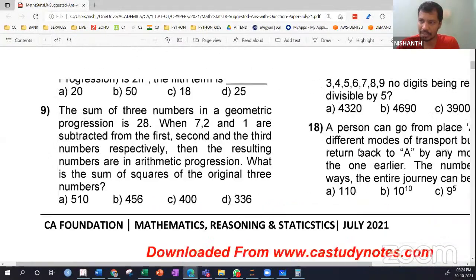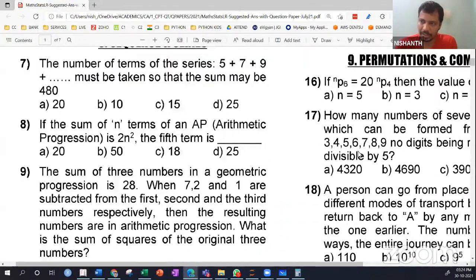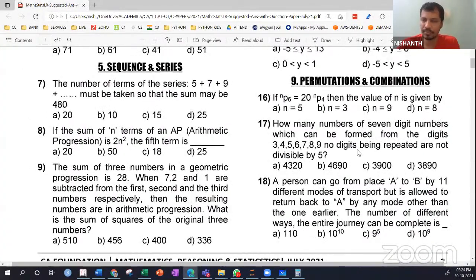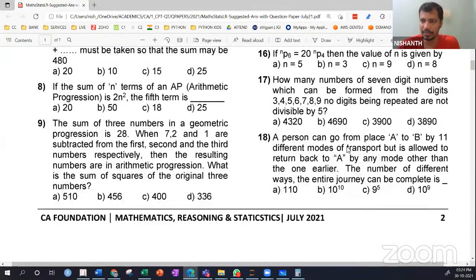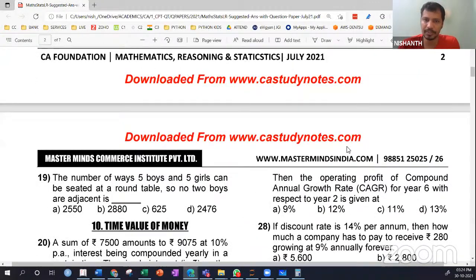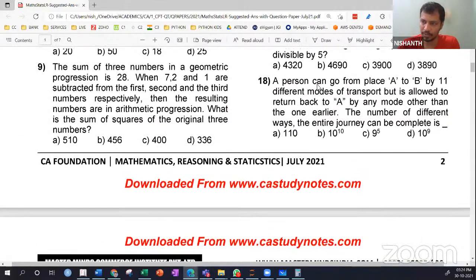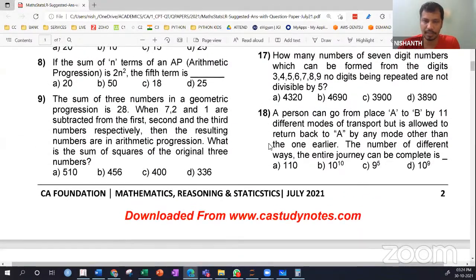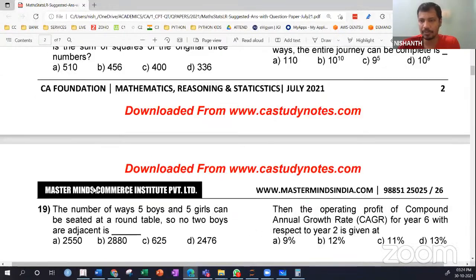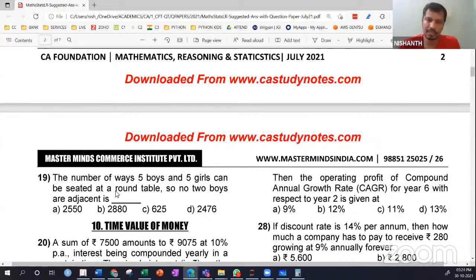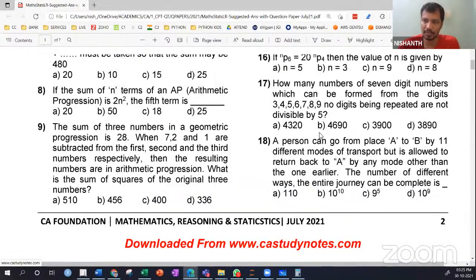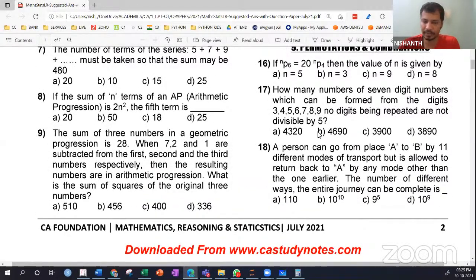So what I'm trying to say is don't ignore the problems of permutation and combination just by looking at a few problems which you are not comfortable with. Go through all the problems. You will get easy problems like this which are easily solvable. There could be one problem like this which is slightly confusing, but still there is a good amount of marks to be scored.